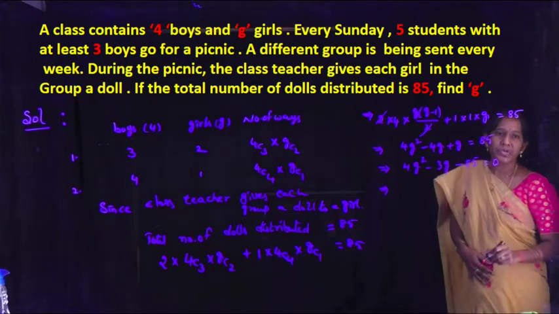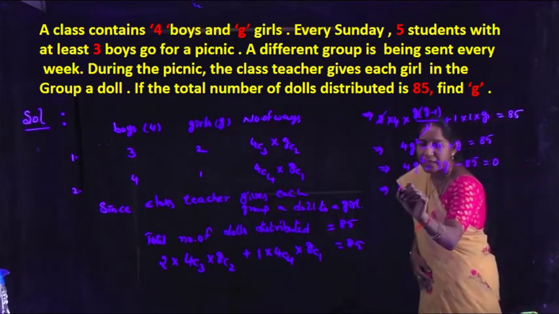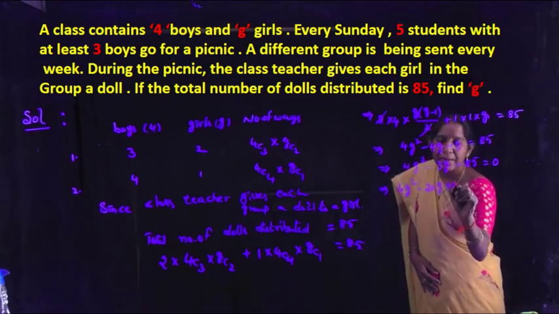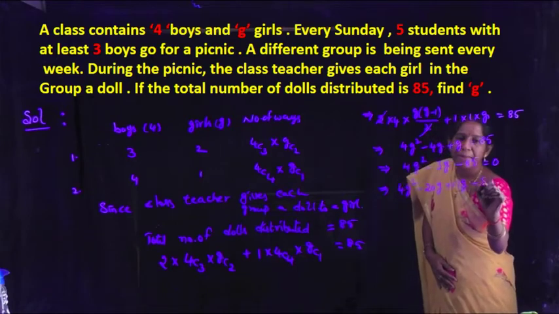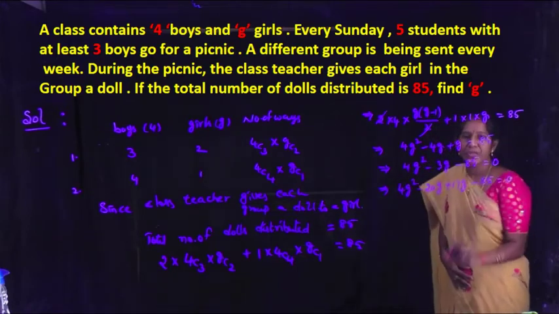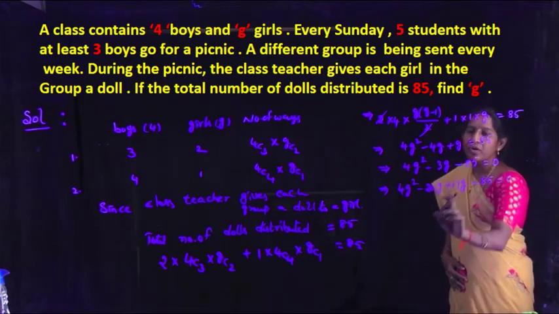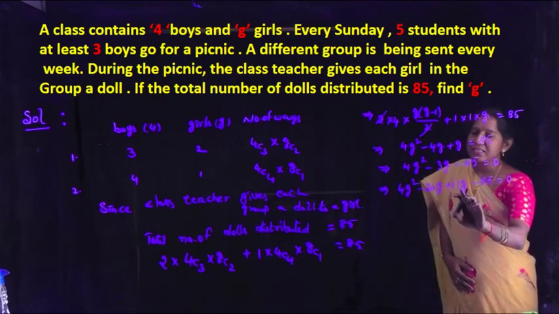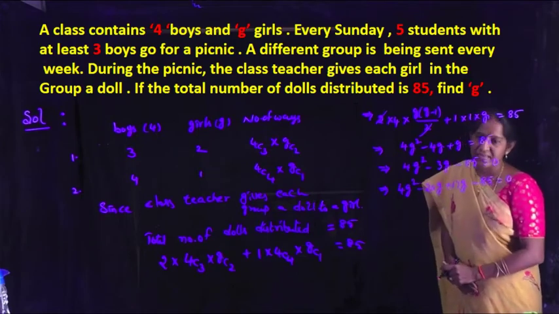Then doing factorization, we will get 4G square minus 20G plus 17G minus 85 equal to 0. If you multiply 85 into 4, 340 will come, and by adding minus 20G plus 17G, we will get minus 3G.